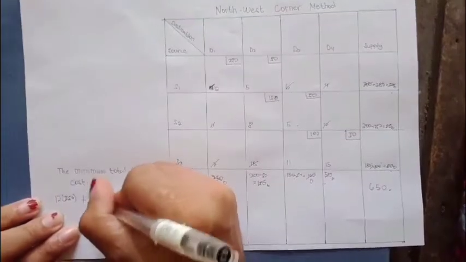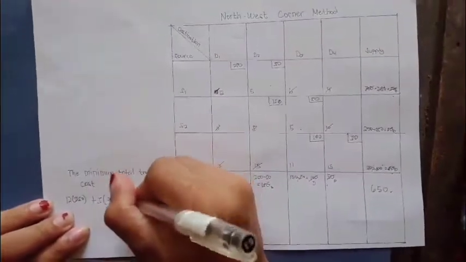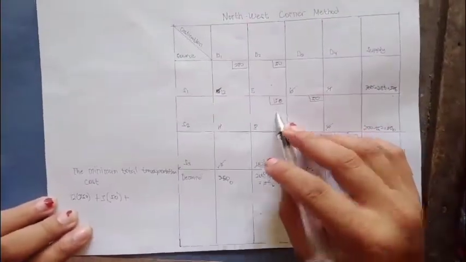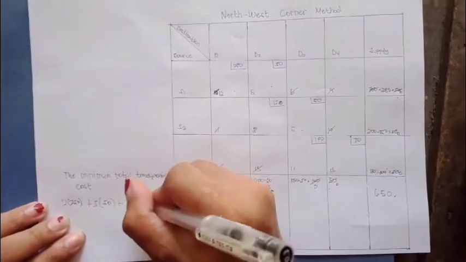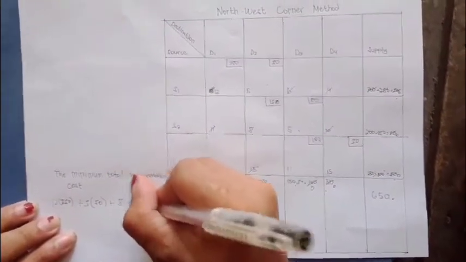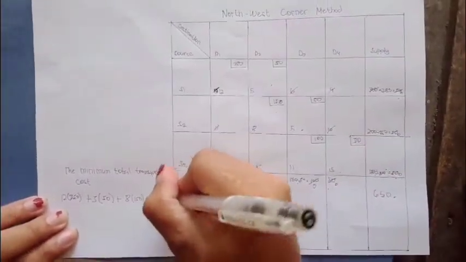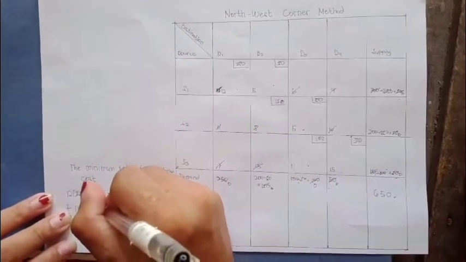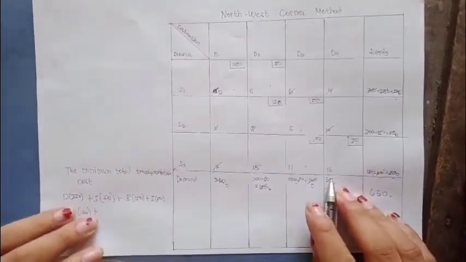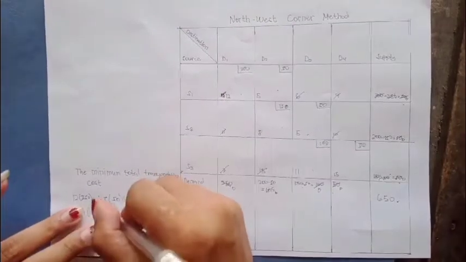Then next is plus 5 times 50, plus 8 times 150, plus 8 times 150, plus 5 times 50, then plus 11 times 100, plus 15 times 50.